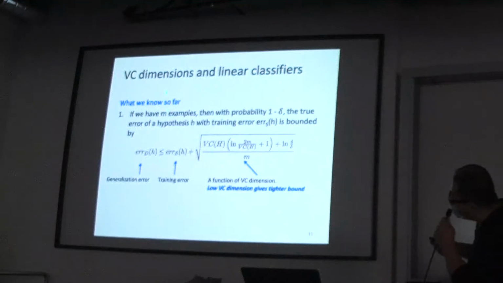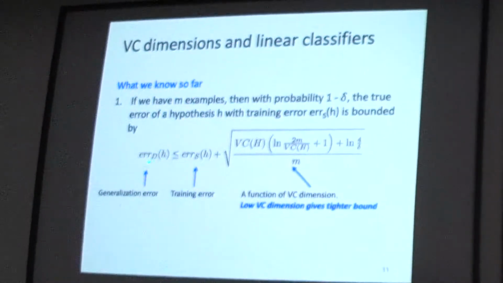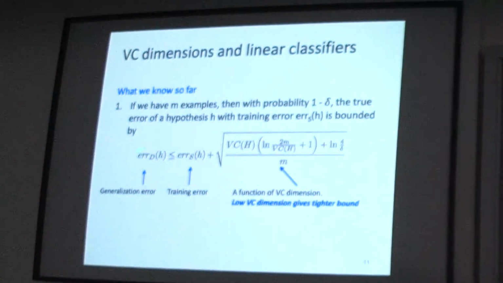Suppose we have n training examples, then we claim that with probability 1 minus delta, the true error of the learned hypothesis h is bounded by the training error plus this term determined by the VC dimension. We can view the second term as a function of VC dimension. As we just analyzed, a lower VC dimension gives a tighter bound, meaning that it gives a smaller overall bound for the true error.